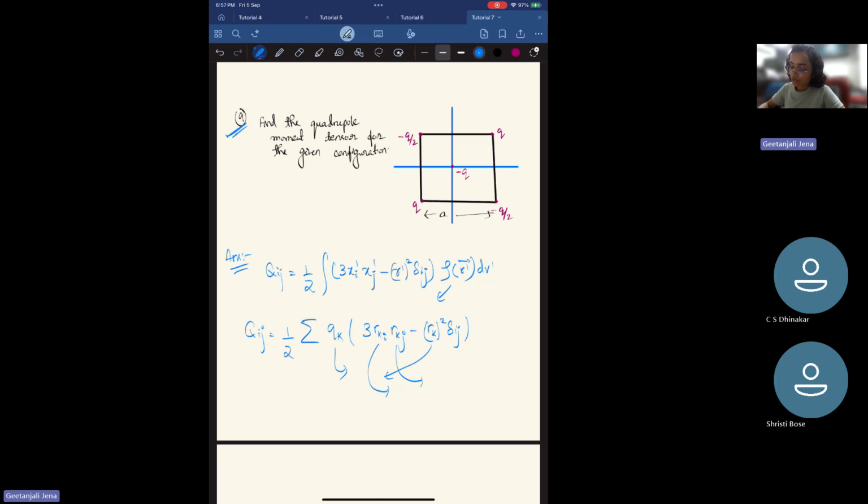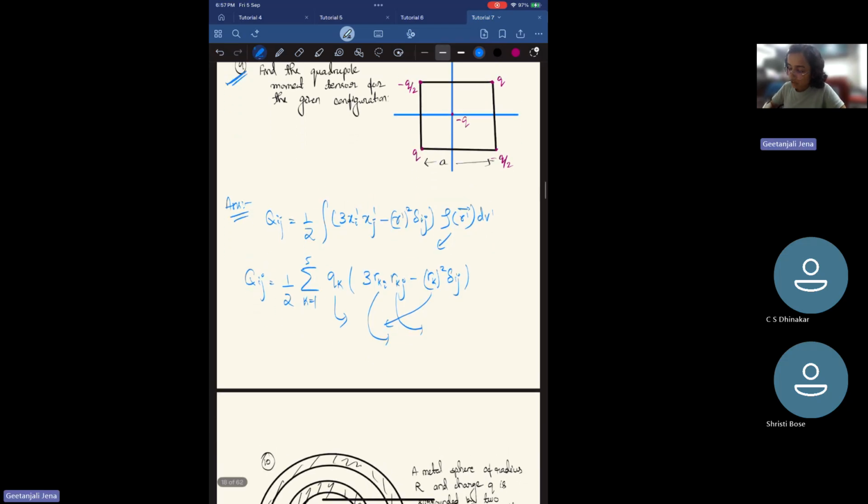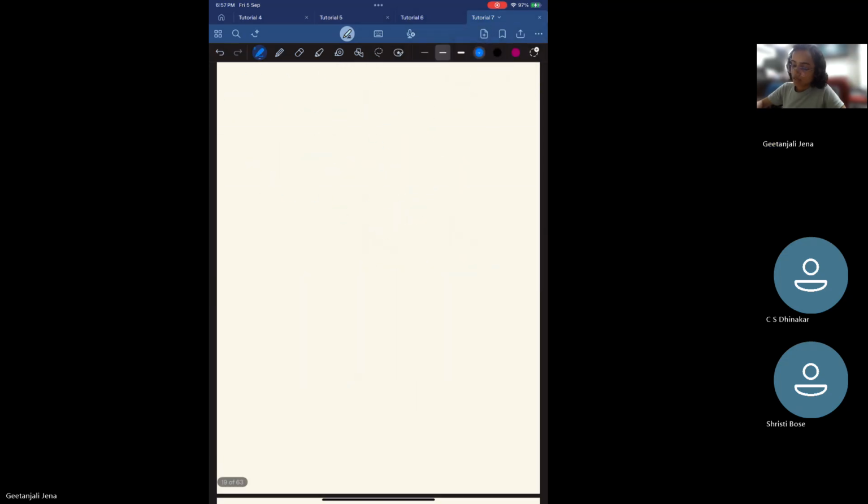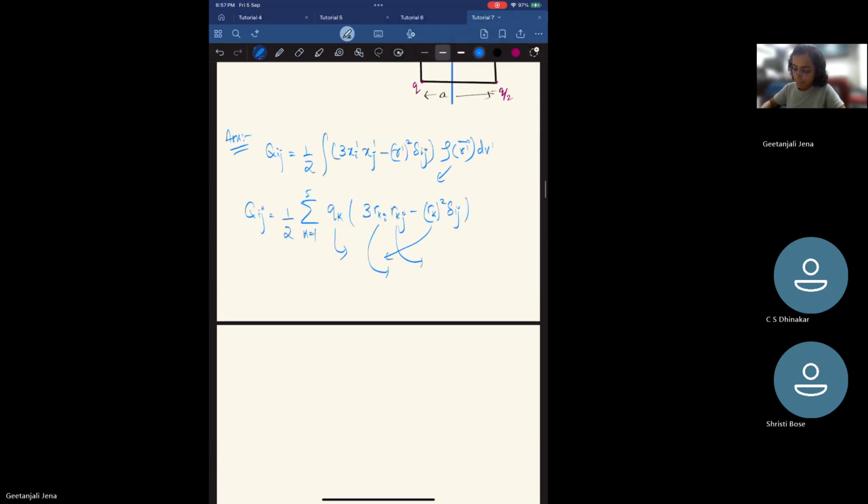We have a total of 5 charges, so k will run from 1 to 5. So let us find out the charges and their coordinates.